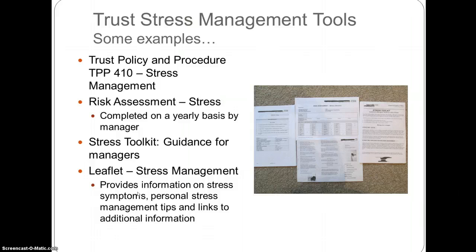So, as a trust, we have got some tools in place. We have got the Trust Policy and Procedure of Stress Management, which is TPP 410. We have got a risk assessment of stress, which is completed on a yearly basis by management.